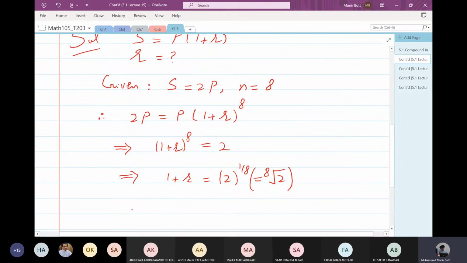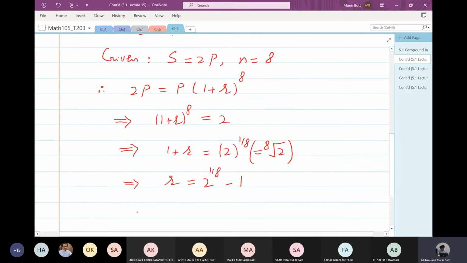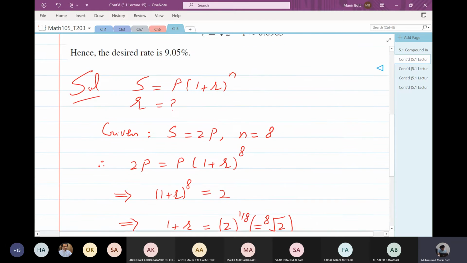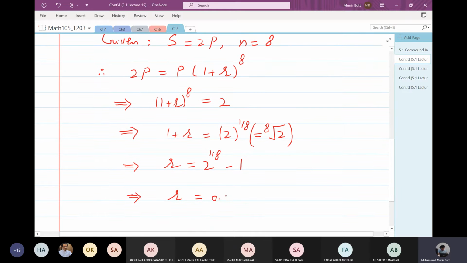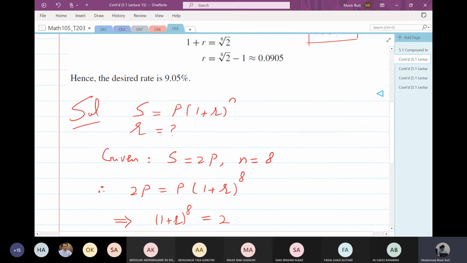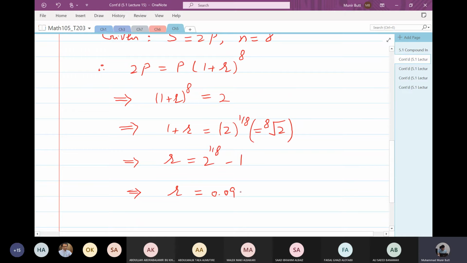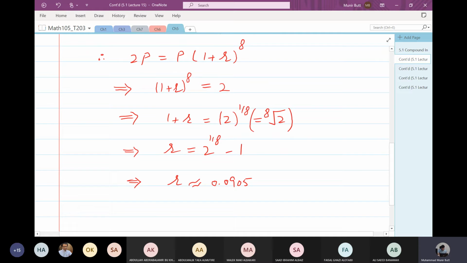So therefore, what will be R? R is 2 to the power 1 by 8 minus 1, and this will imply R is equal to 0.0905. Since this is an approximation, you will write it as this value.